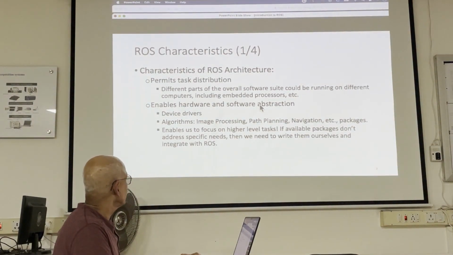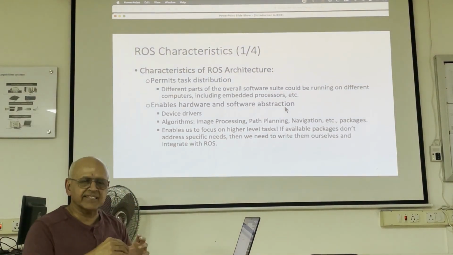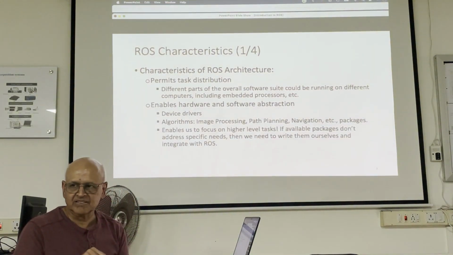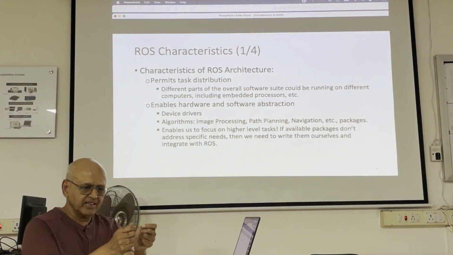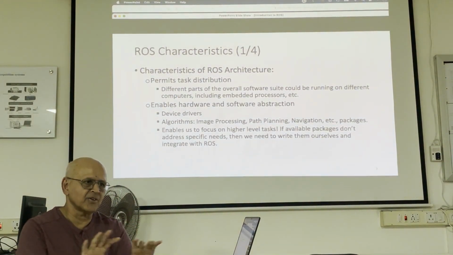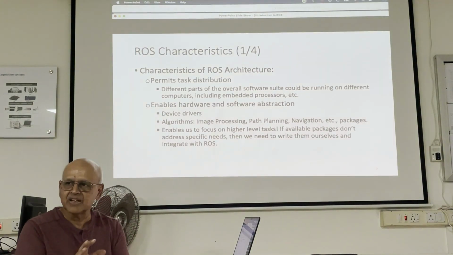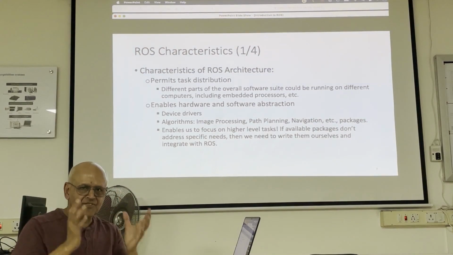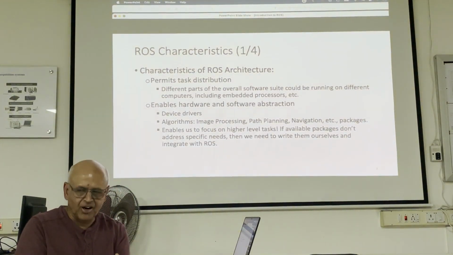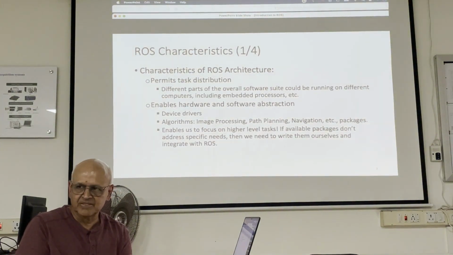For those of you who don't understand this word, abstraction is where you don't have to know the details. It's kind of summarized for you, and you're told that here are the inputs, and these are the outputs you get. Don't ask about what's inside because it's none of your business. So abstraction is stepping back from the details of the box or whatever it is, or the algorithm.